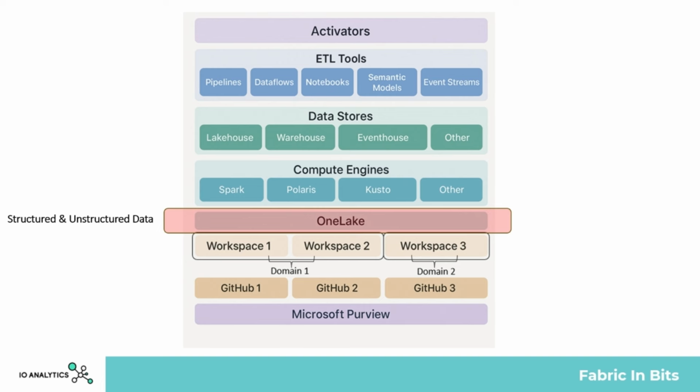And what you'll find here is unstructured data, such as spreadsheets, PDFs, JSONs, anything you want to store that's unstructured, you can store within OneLake. And you've also got structured data, which might be tables. In particular, in fact, it is Delta tables.